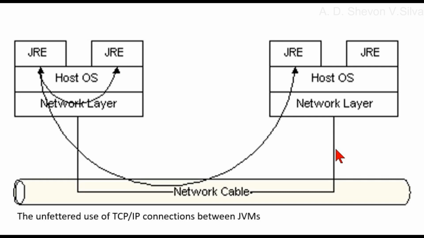There are versions like RMI IIOP, which is available in Java 2 SDK version 1.3. The RMI transport layer is designed to make a connection between client and server even in the face of network obstacles.